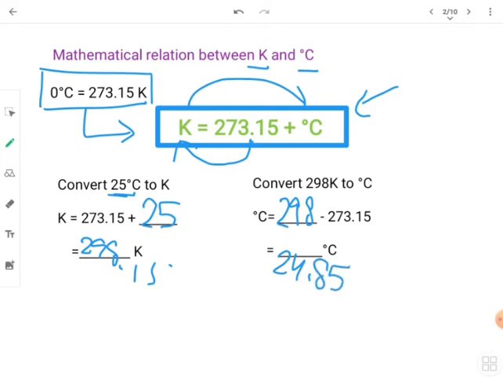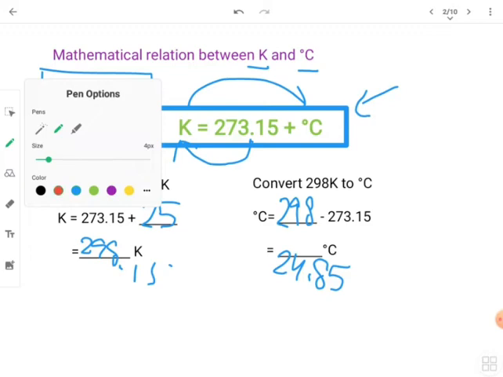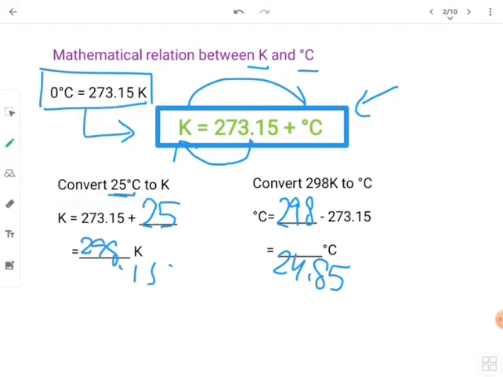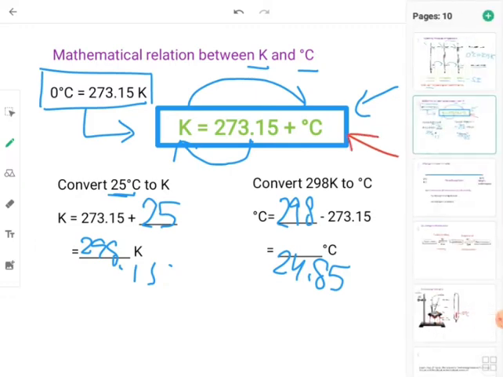So basically this is how you convert the temperature from Kelvin to degree Celsius or from degree Celsius to Kelvin. Whenever you convert, you simply need to keep this equation in mind, and then you can simply solve it like any simple mathematical equation.